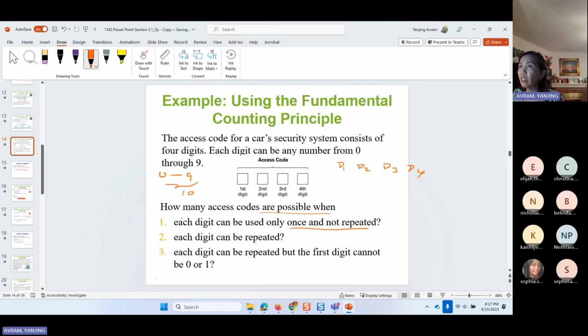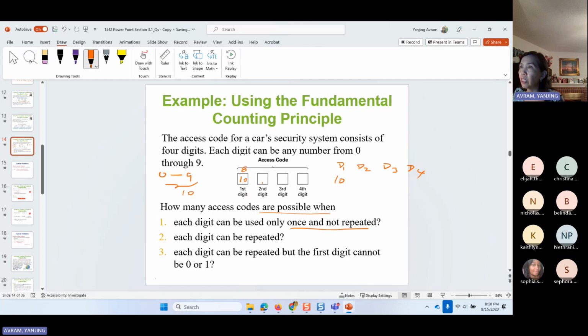It didn't say you cannot start with 0, so that means for the first digit, I can have 10 choices. But it said you cannot repeat. So if I choose 8, for example, then 8 is out.